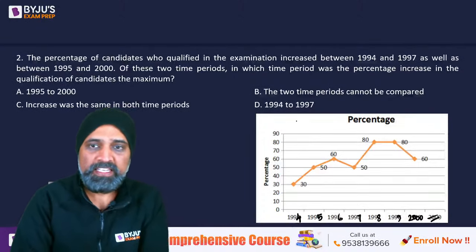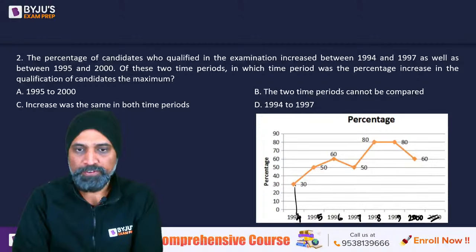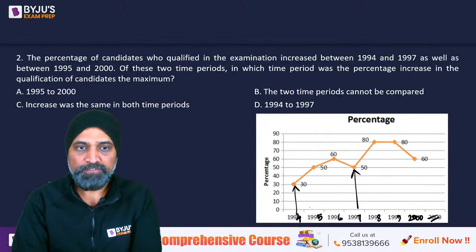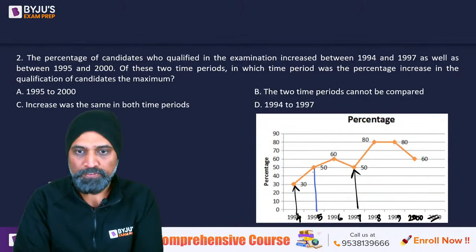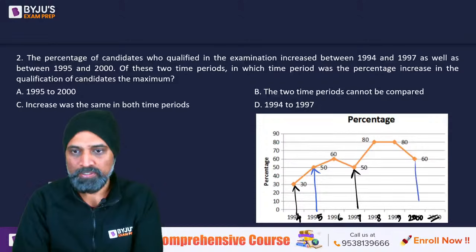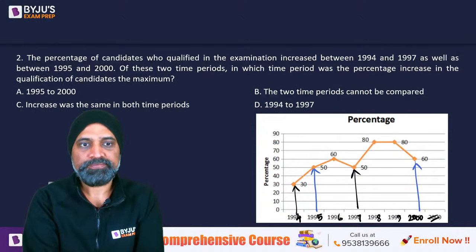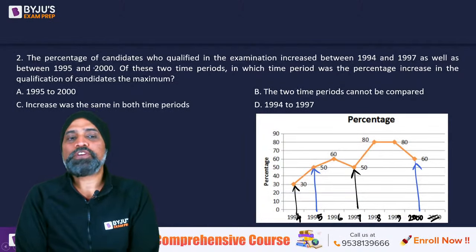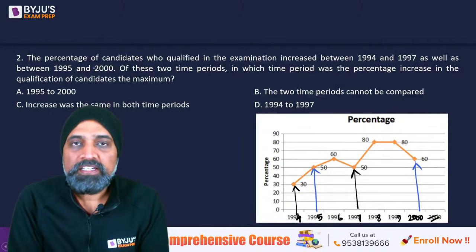Okay, so it says 94 to 97. In 94 it was 30 and at 97 this was 50. And then it's also talking about the period from 95 where it was 50 and 2000 that was 60, right? In which time period was the percentage increase in the qualification of candidates the maximum?